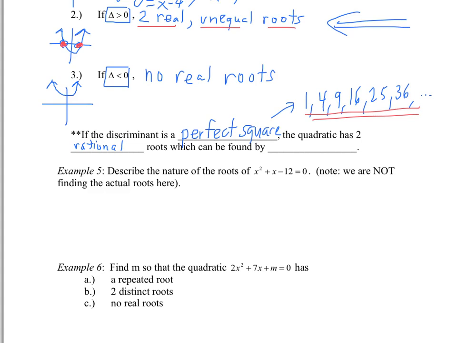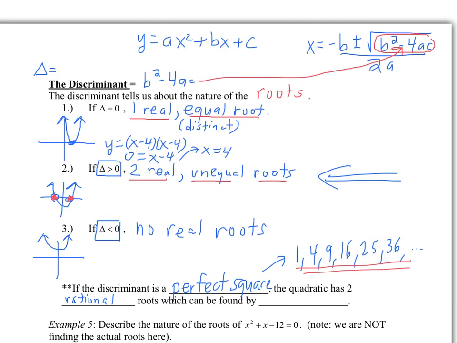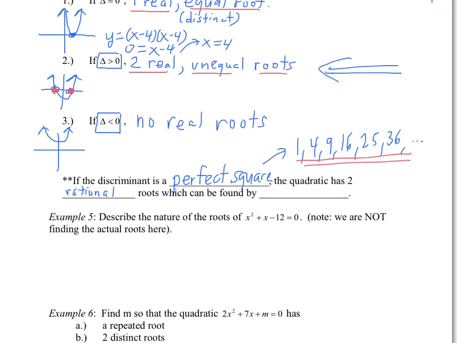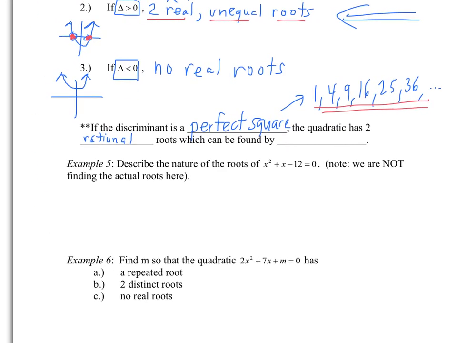So just think about it. In your quadratic formula, if you had a perfect square right up here, if we had a number like 36, you'll be able to take the square root of it, and you're going to get a nice number in the end. It might be a fraction, but it's going to be a rational number. So if we have a perfect square, we know we have two rational roots, which can be found by factoring.